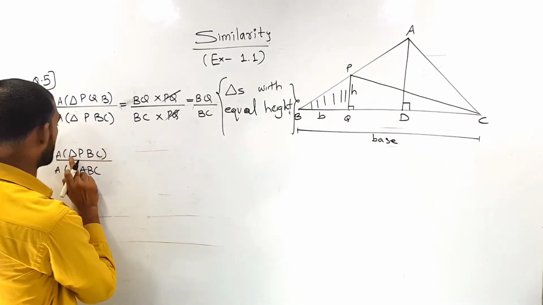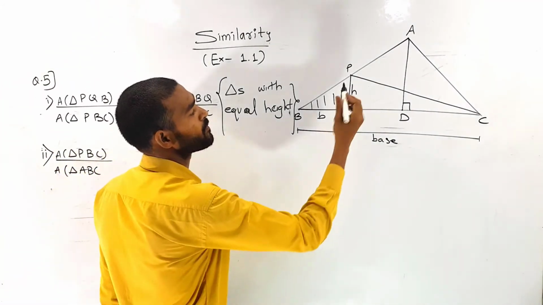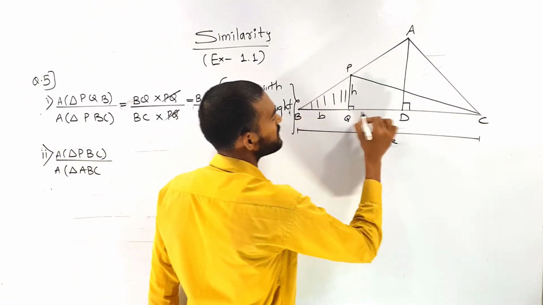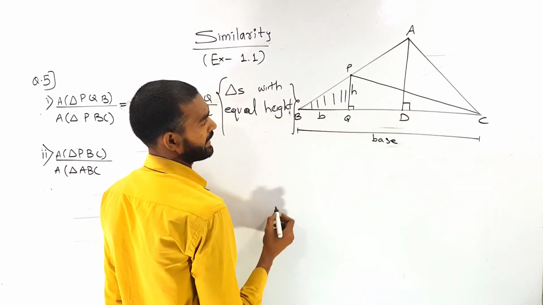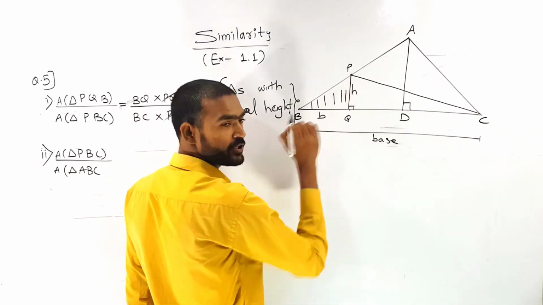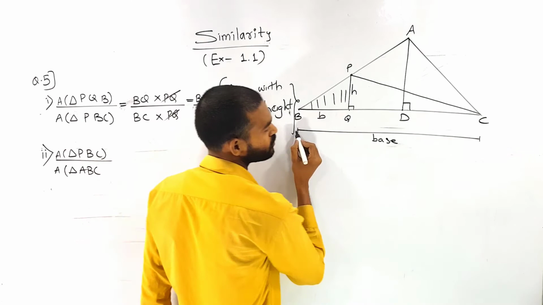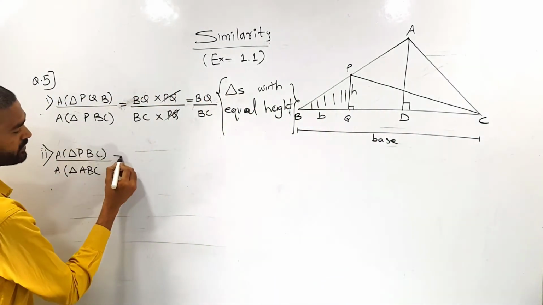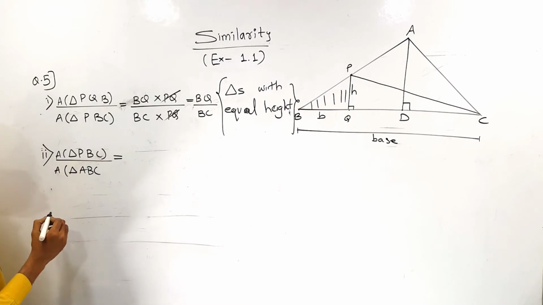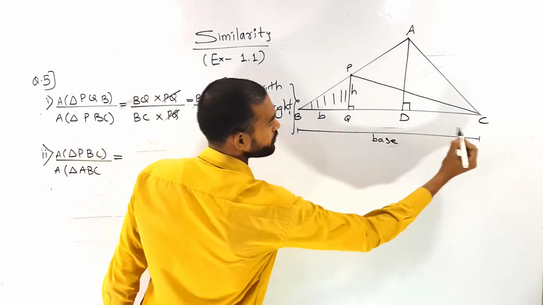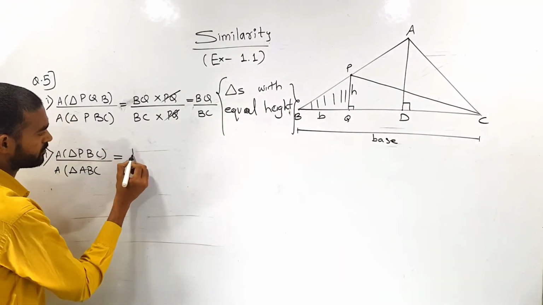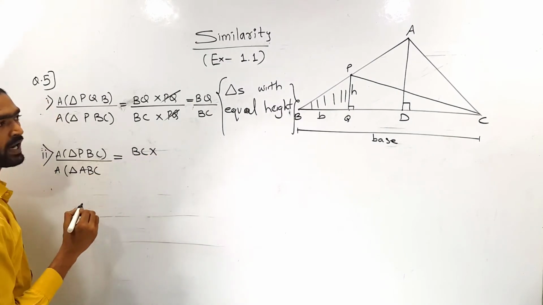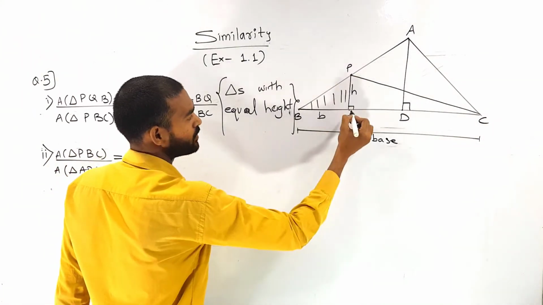Let us find the first triangle, PBC. In this triangle, my height is PQ and what is my base? This whole BC will be my base. So we'll follow the same method. First we'll write base. What is the base? BC into height. What was my height? PQ.